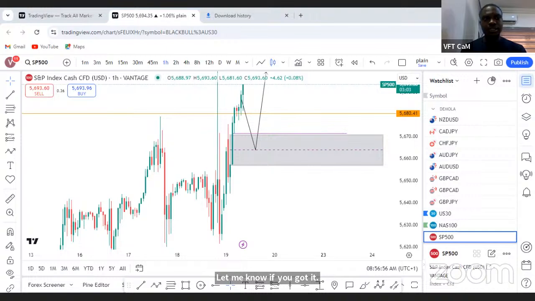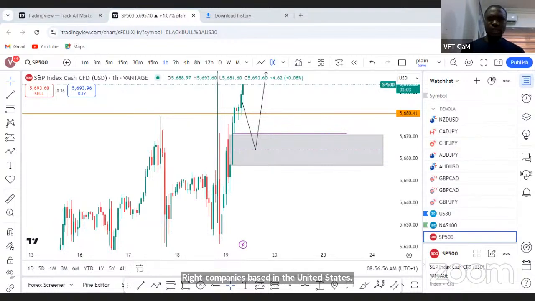Okay, US 100, that's NASDAQ. It tracks 100 companies from all over the world, right? Why US 30? It includes companies based in the United States. Don't know if you're getting it.